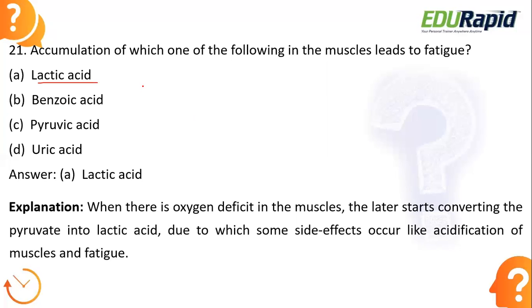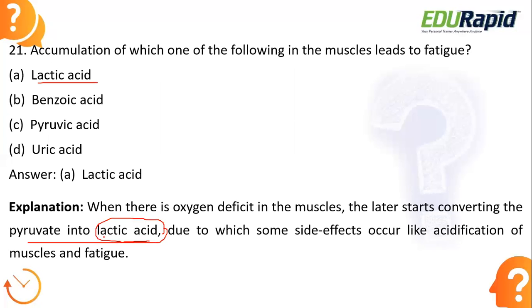When we do continuous, very rigorous exercise, our body requires more energy, and the oxygen we use while breathing is not sufficient to provide so much energy. In that situation, our muscle cells convert pyruvate into lactic acid, which accumulates in the muscle cells.